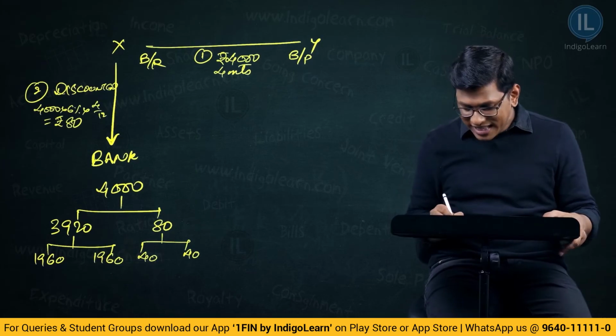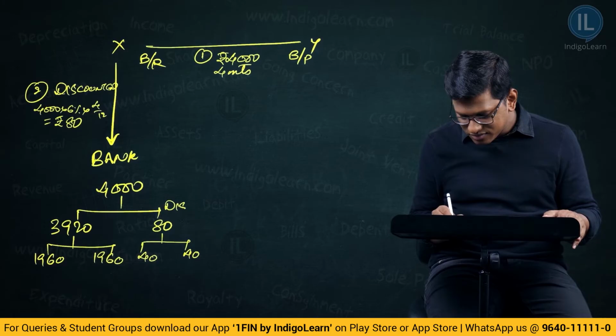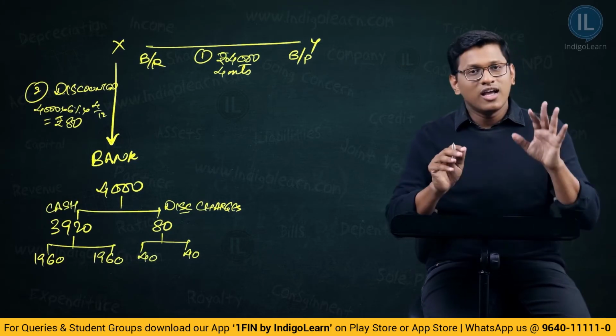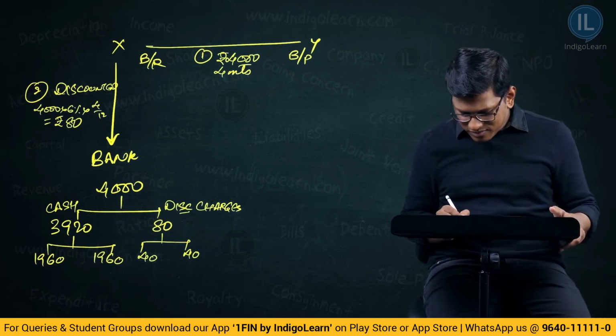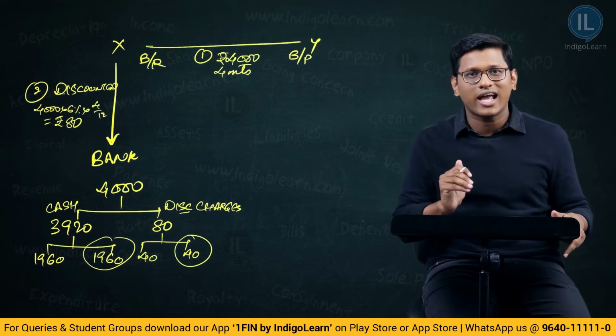Concentrate carefully. This 80 is basically the discount charge, right? And this is cash. What should be transferred by X to Y? This and this. It is not just cash.